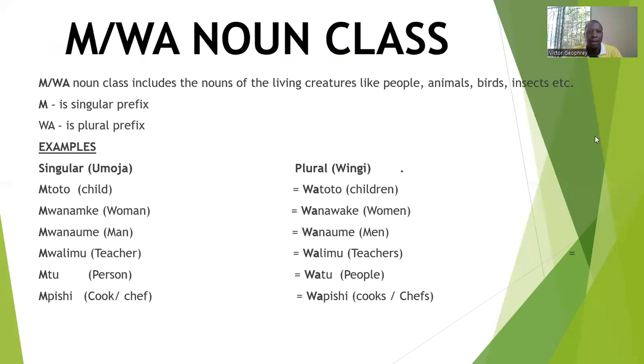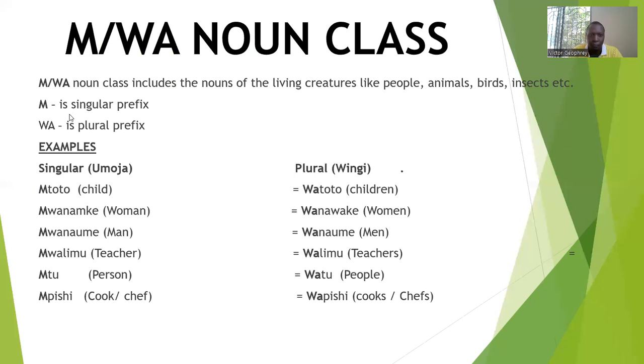There's one noun class. The one noun class includes the nouns of living creatures like people, animals, birds, insects. Some of the nouns, not all nouns, of living creatures like people, animals, birds, insects, and other things.